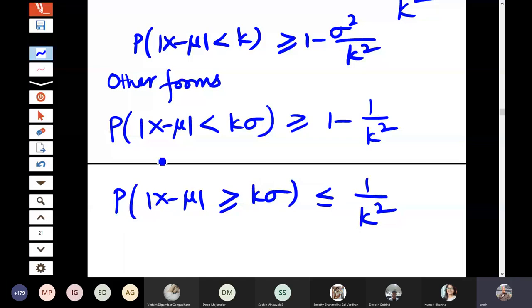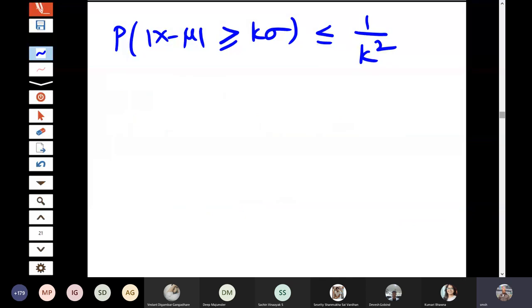So let me look at this expression itself, the last two expressions. Let us look at the interpretation by taking some specific value. Let us take k equal to 1. Then what you will get?